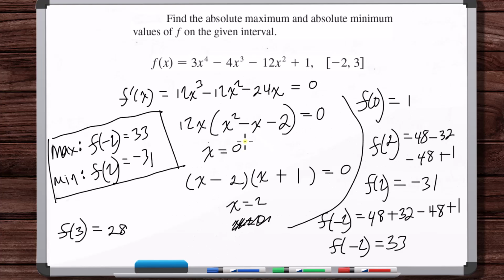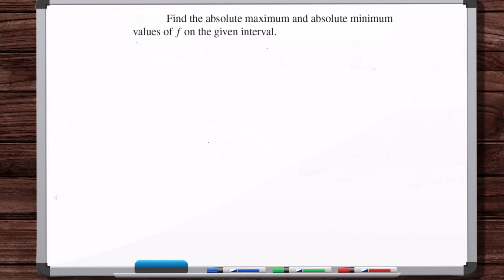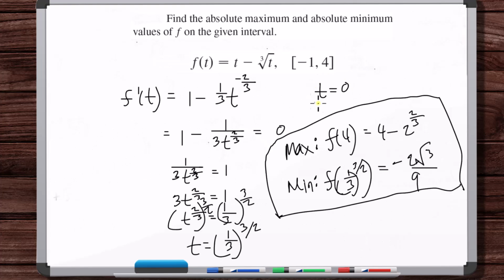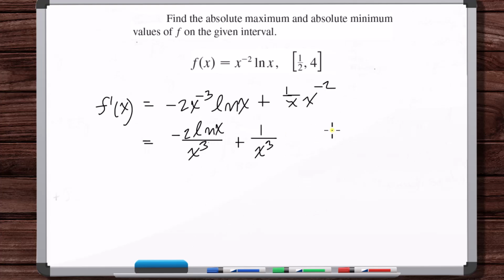Well, no, we did, that is on the interval. If you happen to get a critical number that's not on the interval, then you don't need to analyze it. I'm saying that because here, x equal to 0 is a critical number, and also the natural log of x doesn't exist for 0 or negative numbers, but that's not on the interval, so it's not part of the analysis.